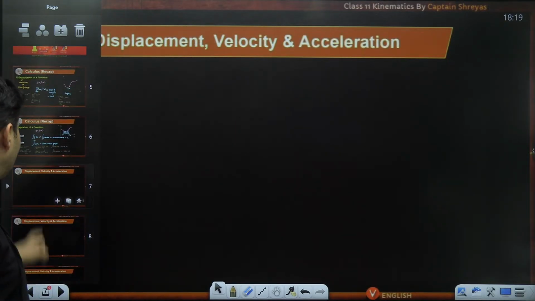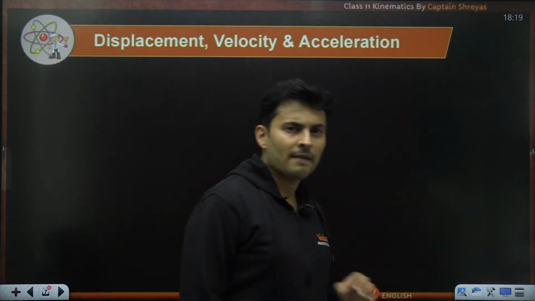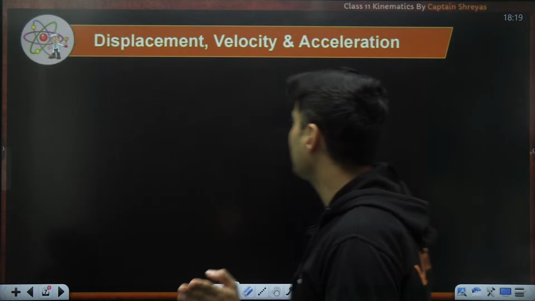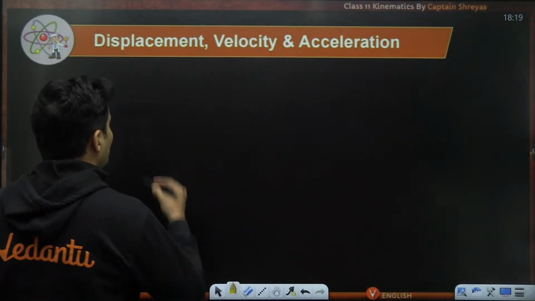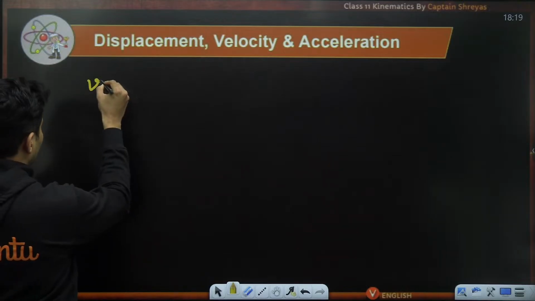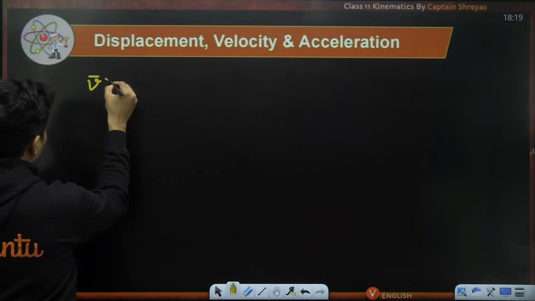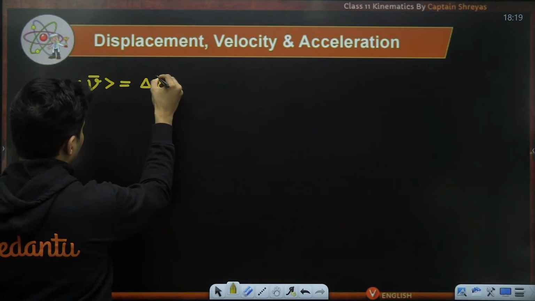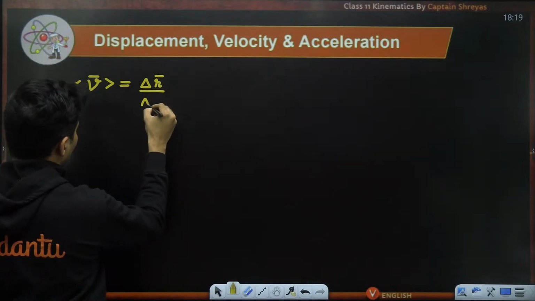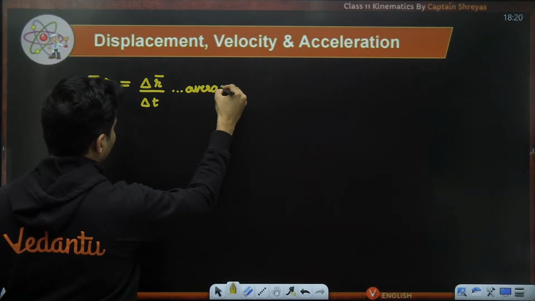So that was the basic recollection of derivatives and integration. So now let's see how do we use it in our other questions. First, let's talk about displacement, then velocity, then acceleration. If you remember, velocity was rate of change of position. Our average velocity was a large change or a decent change in the position upon the time interval. This was average.